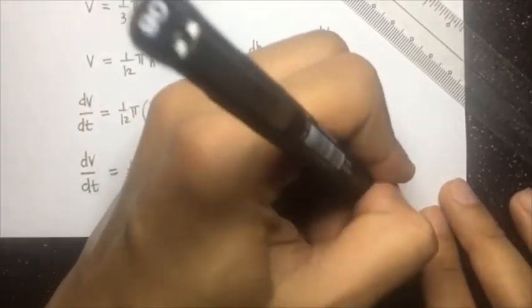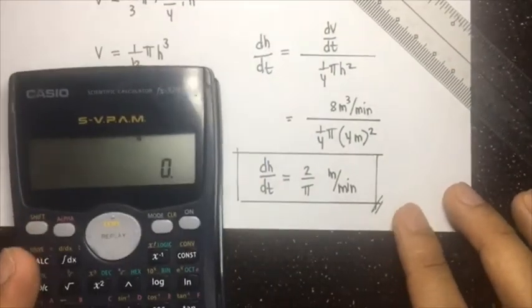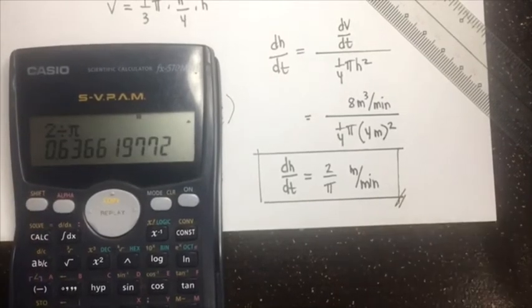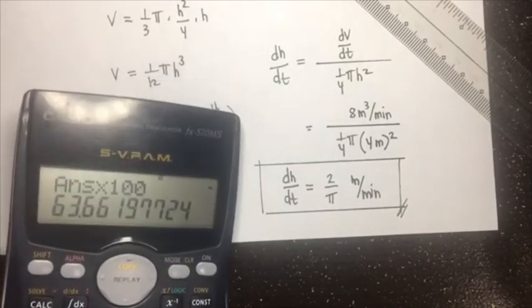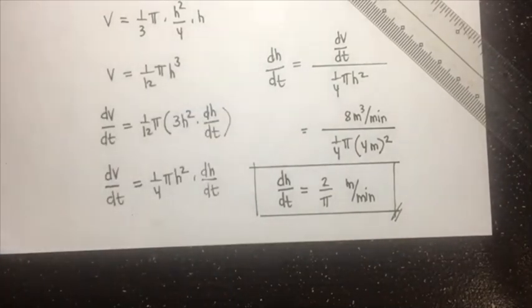Okay, so if you want to express that in decimal, we have 2 divided by pi, so it's around 0.6366 meter per minute. So that's about times 100, so 63 centimeters. Okay, 63.66 centimeters per minute.